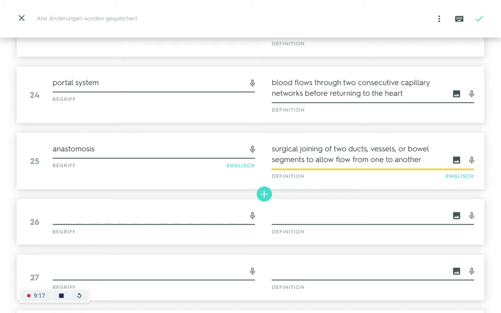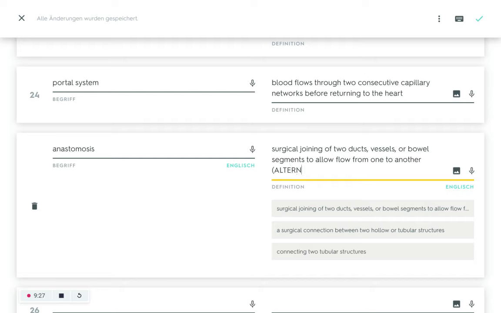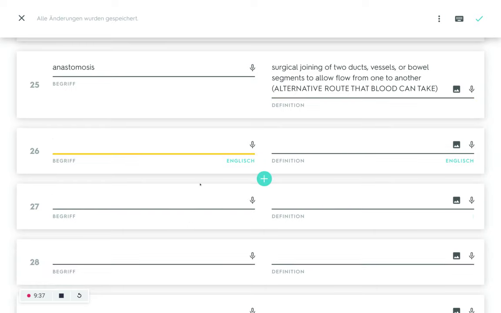All right. But what he has, and I'm going to put it in capital, I'm going to put it here: alternative route that blood can take. Okay. So that's that.